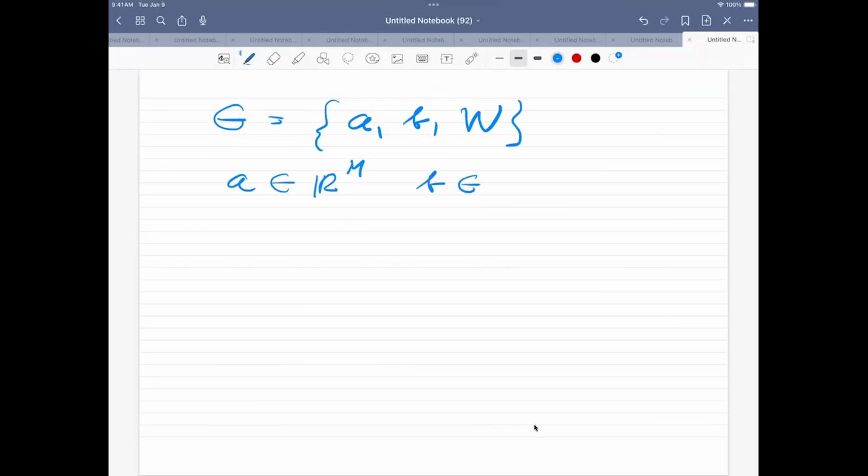B is a vector of length n. And obviously W is a matrix, and normally these are real, of dimensionality n times n. So these are the weights, and the A's and B's are the biases of the network, which means that your network is going to look like this.